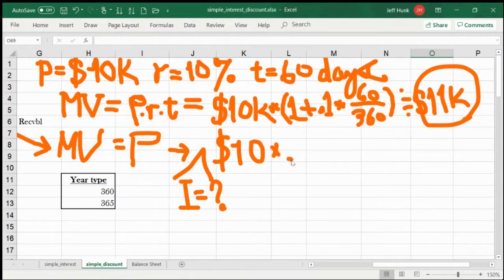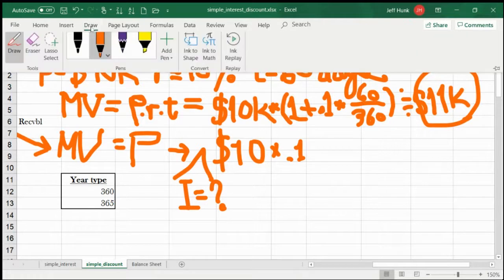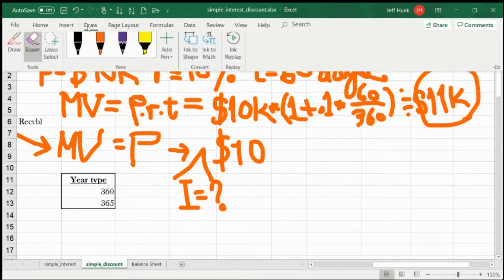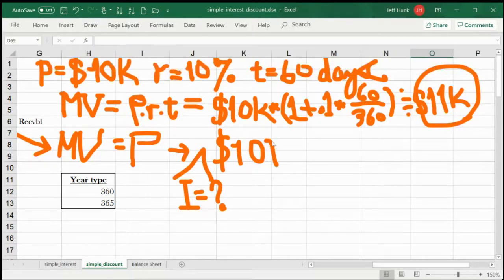You will multiply 10K times 10% times 20 over 360.